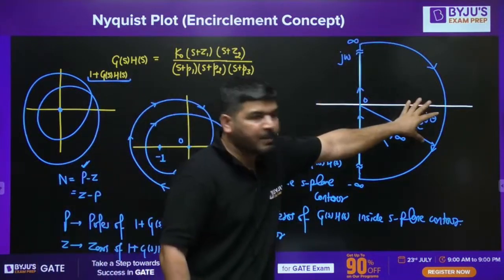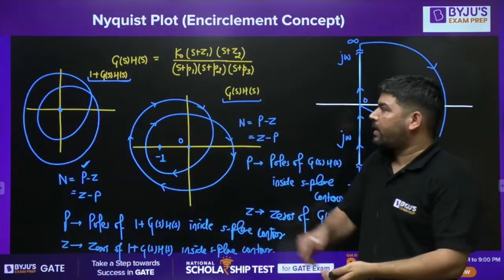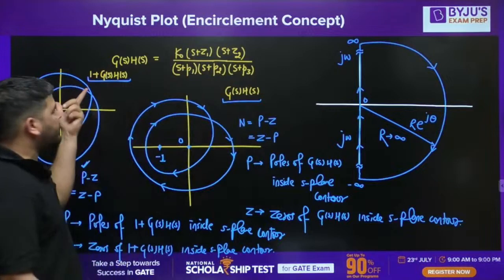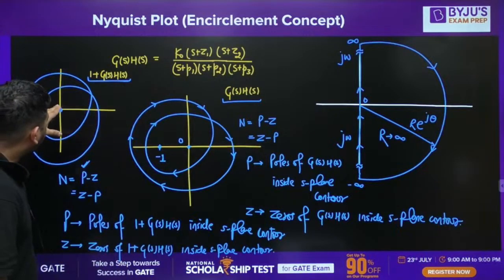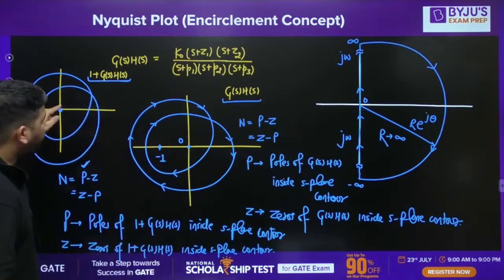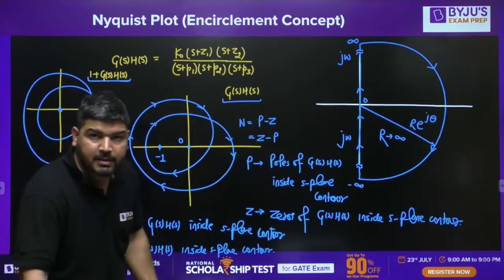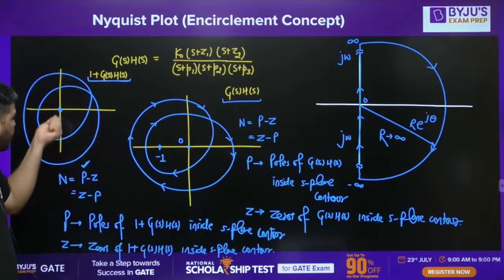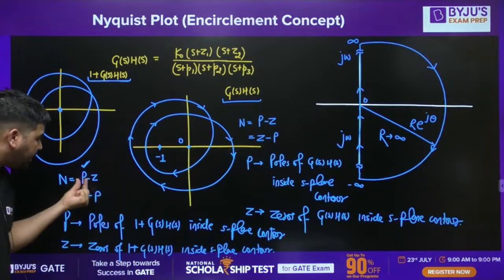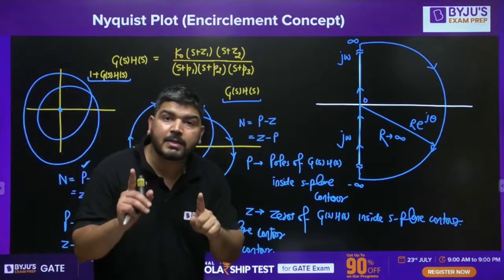Similarly, if you are mapping this S plane contour into a different function, 1 plus G(s)H(s), and looking at the encirclement of origin, then that encirclement will be P minus Z again, or Z minus P. Now this P and Z are the poles and zeros of 1 plus G(s)H(s).